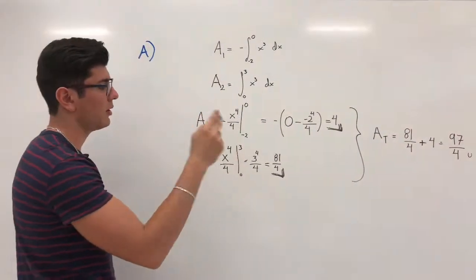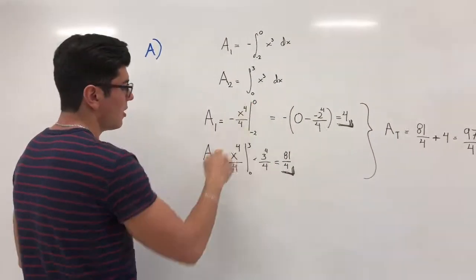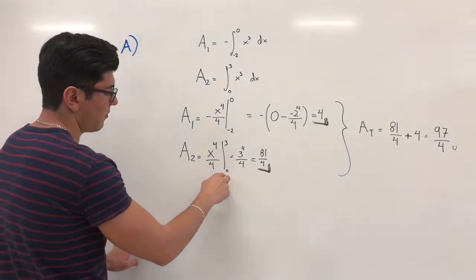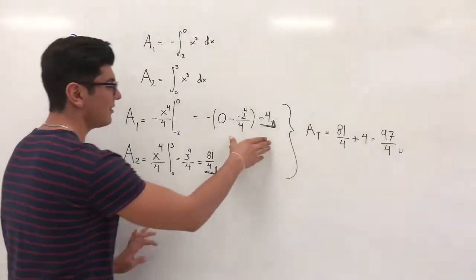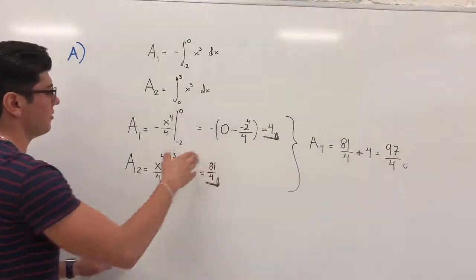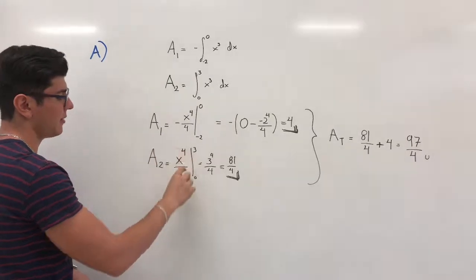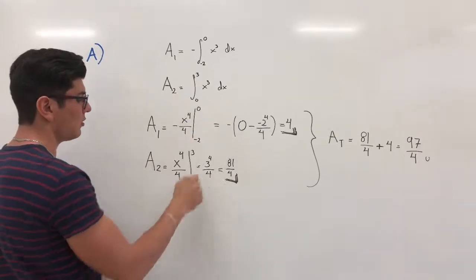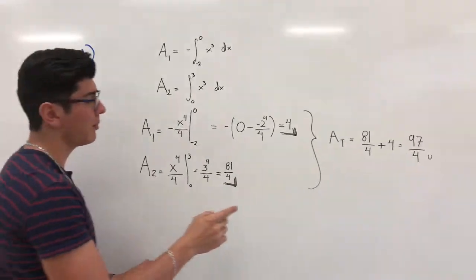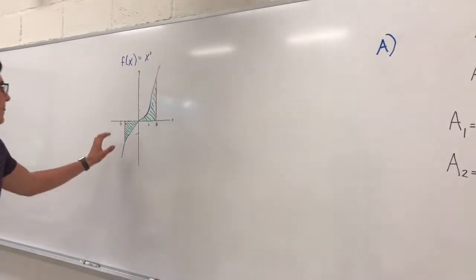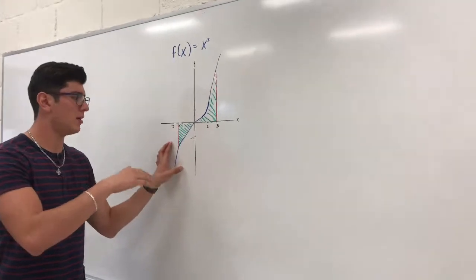We are going to evaluate it from -2 to 0, and the positive one from 0 to 3. These are the operations when we evaluate from -2 to 0 and from 0 to 3. Remember that we have to put a minus here because this part is below the x-axis.